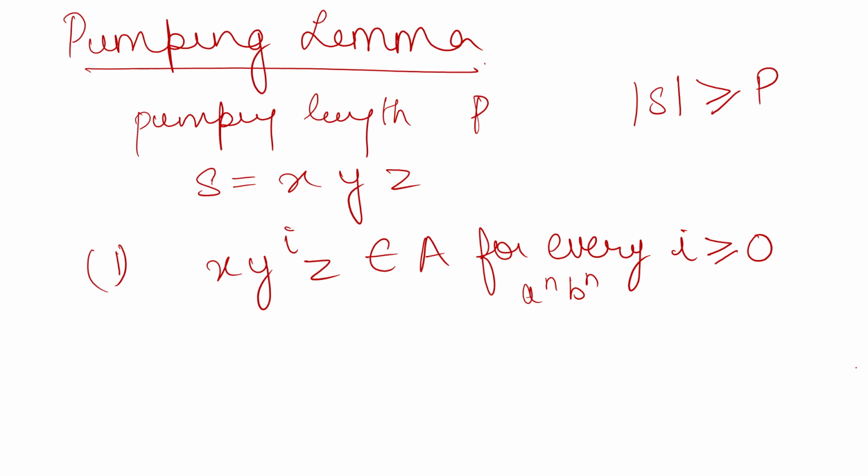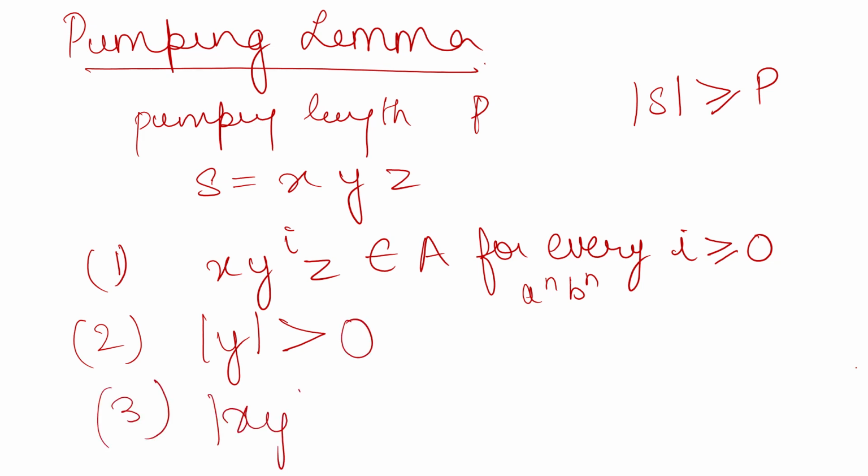Our next property states that |y| should be greater than 0. Next, |xy| should be less than or equal to p. Let's take an example to understand this better.